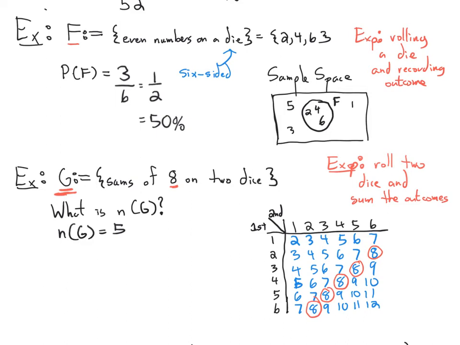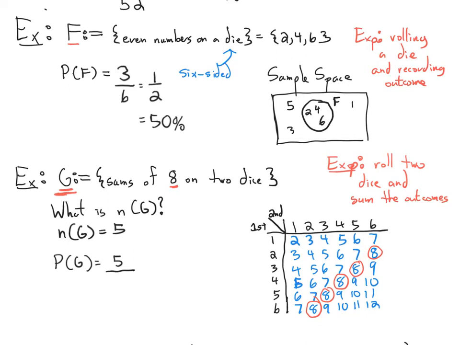So the probability of G occurring, well, there are 5 ways of getting success, 5 ways of getting a sum of 8. Here they are in this table. And how many different total outcomes are there? Well, there are 6 choices for your first die and 6 choices for your second die. They're independent rolls. Of course, whatever you roll on the first die doesn't affect what you'll roll on the second die.